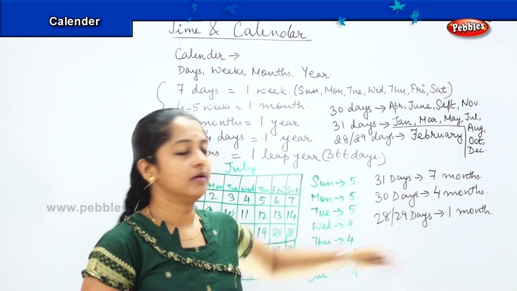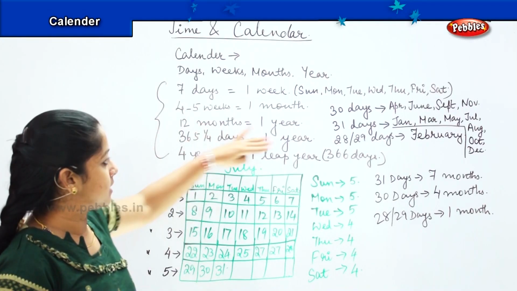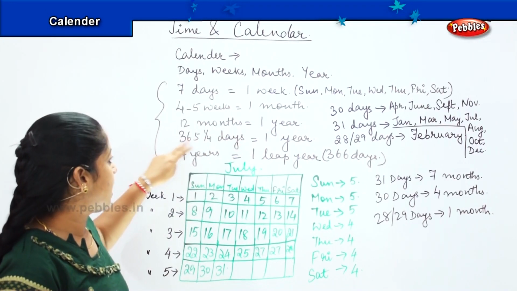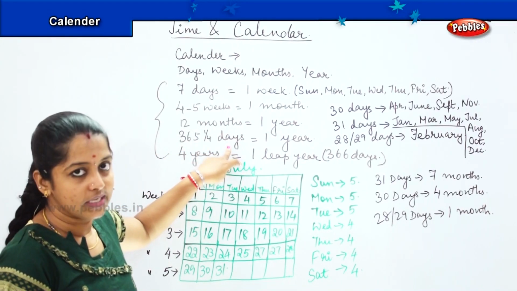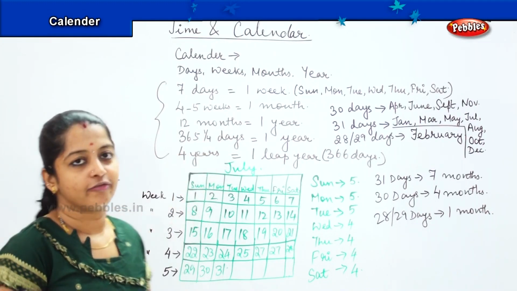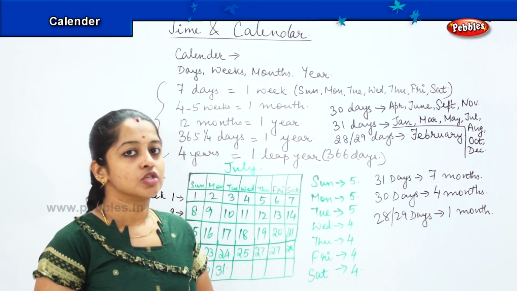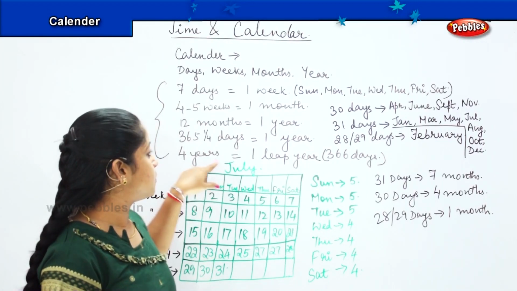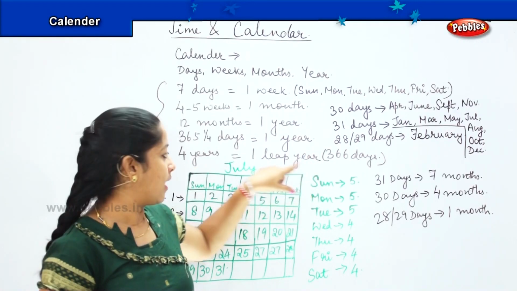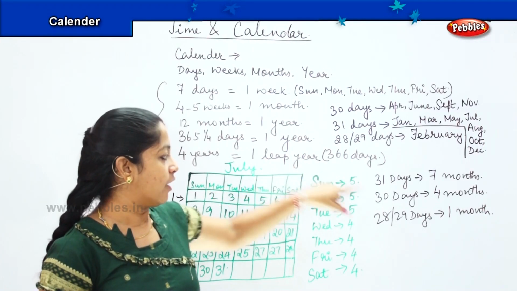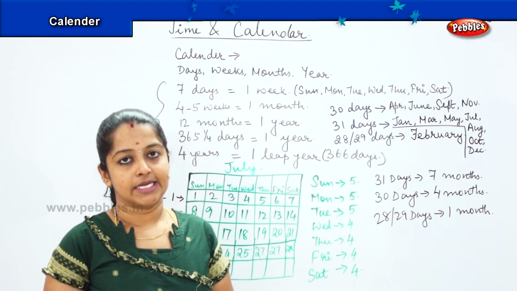So all put together, we have 12 months in a year. Now since we have 365 1/4 days, when you add this 1 by 4 four times, it becomes 1 full day, right? So that is why 4 years make 1 leap year. And on the leap year, you have February as 29 days.